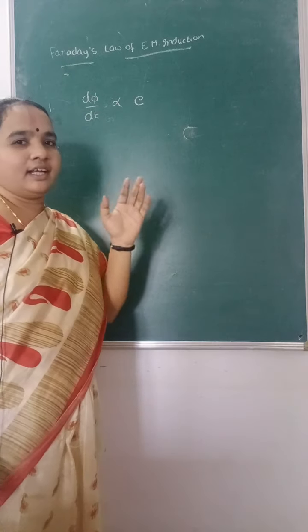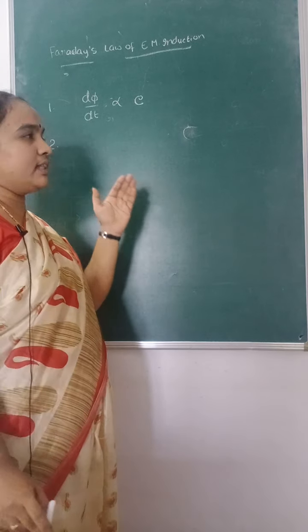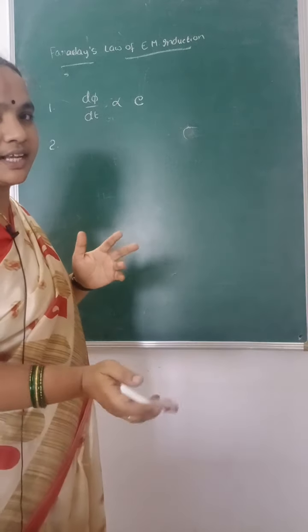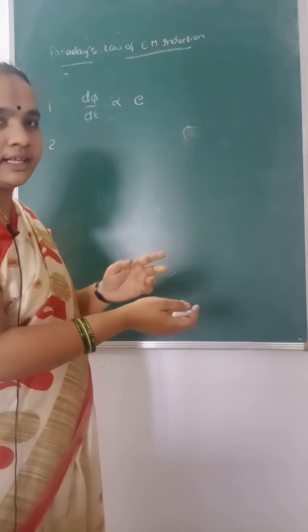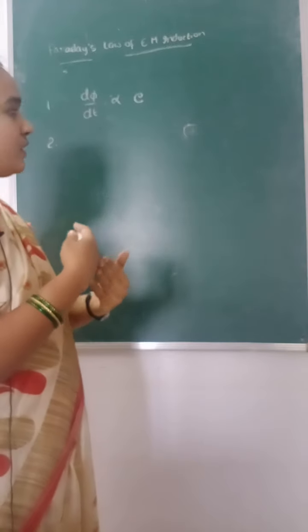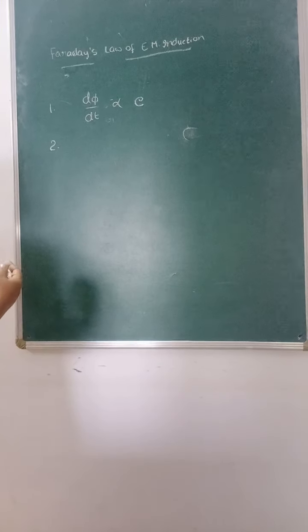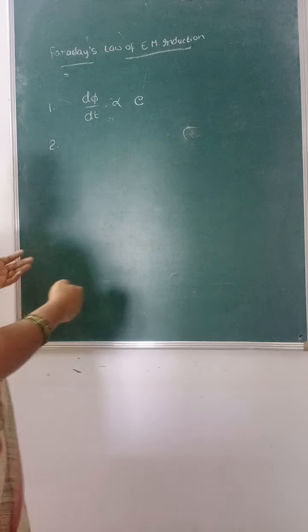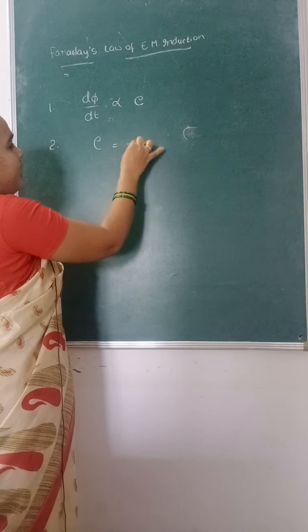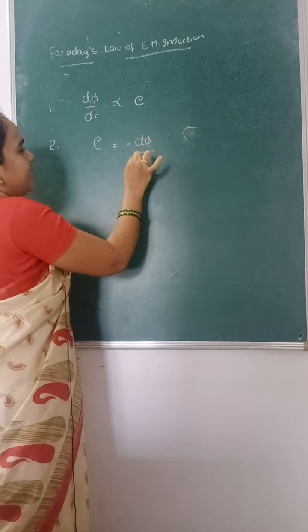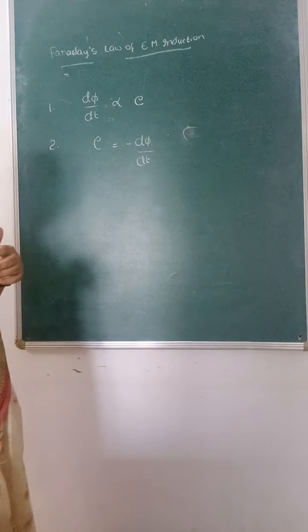The second law describes how the induced current changes. It is opposite: when the magnetic flux is increasing, the direction of the induced current is opposite. This is represented by a negative sign: E is equal to minus d phi by dt. This is called Lenz's law.